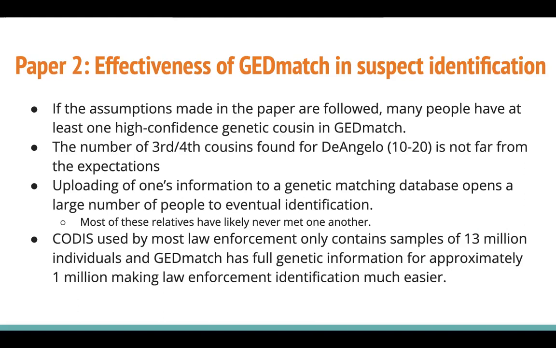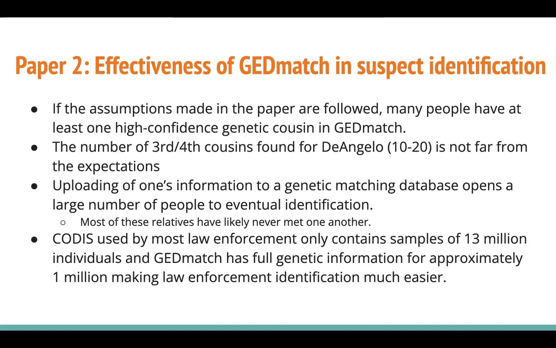The number of third and fourth cousins found for DeAngelo, which was 10 to 20, is not far from what they expected. Uploading of one's information onto a genetic matching database can open up many other people to identification, which can lead to ethical issues.